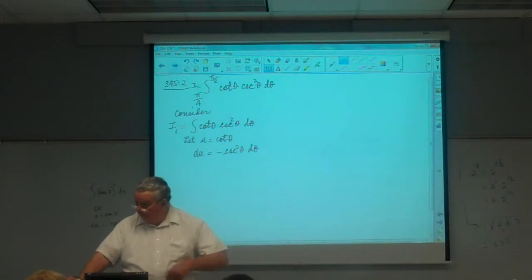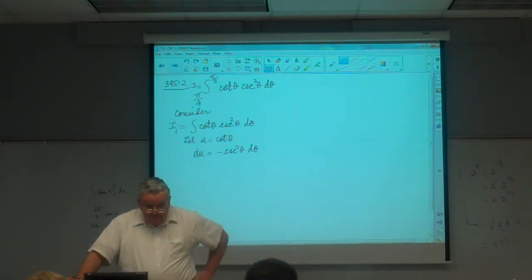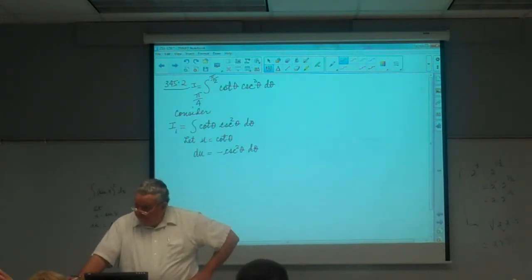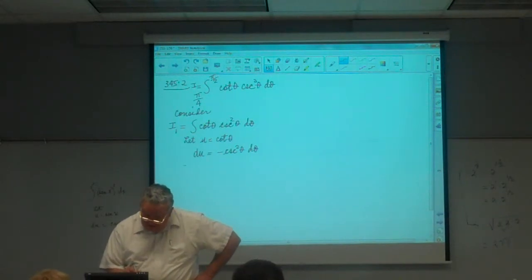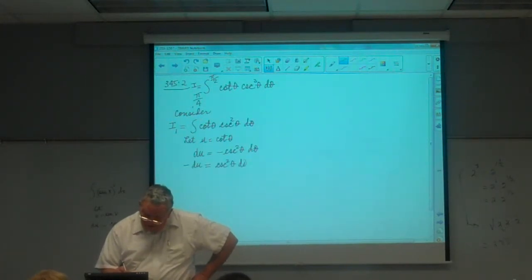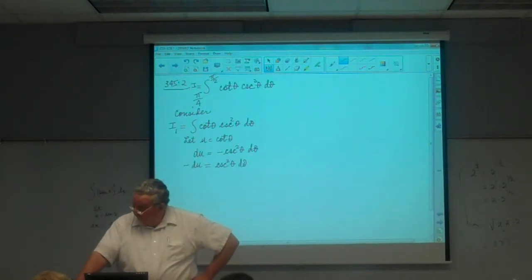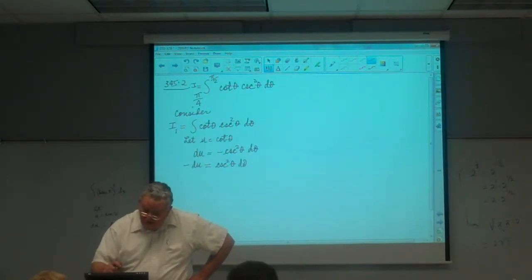Is it not? Do we agree? So then isn't minus du equal to cosecant squared theta d theta? Is that right?